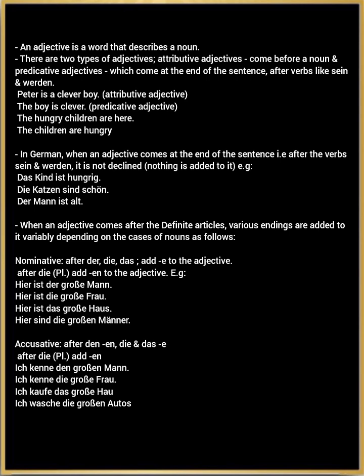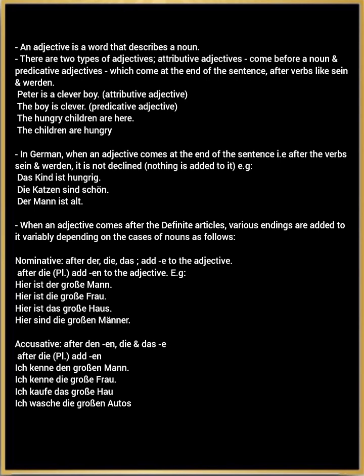Now, in German, we have so many of them: der, die, das, dem, des, etc., depending on your case of noun. So they're telling us that when an adjective comes after the definite articles, various endings are added to it, depending on the cases of nouns.